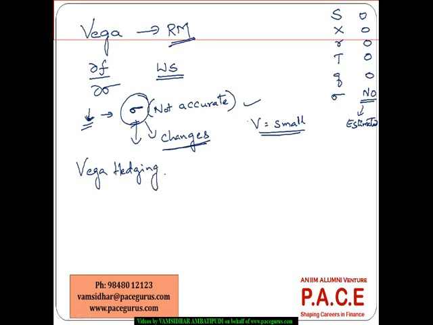Right? Now, just on the same lines, there are quite a few other Greeks, though the first three are very important: delta, gamma, and Vega. But we also have rho, which talks about the sensitivity of the price of the derivative with respect to the risk-free rate of return.